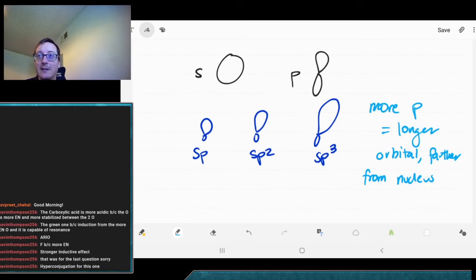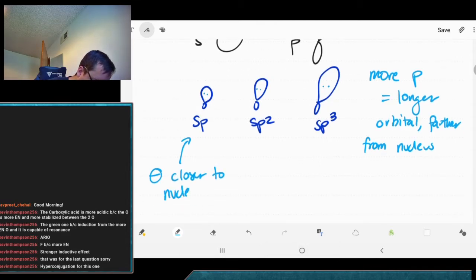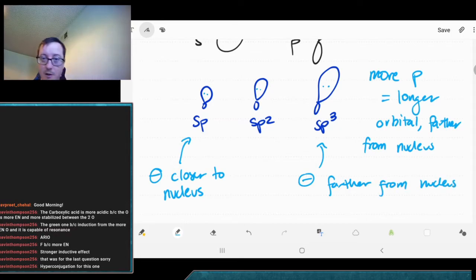And so if we're going to put a pair of electrons into each of these orbitals, we're going to see, well, this sp has this negative charge closer to the nucleus. Nucleus, as we know, is positively charged. So having an sp carbon, which has more s character, it's more spherical, it's a shorter orbital, is going to be a little bit closer to the nucleus.